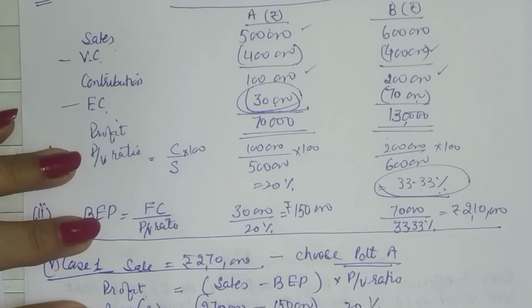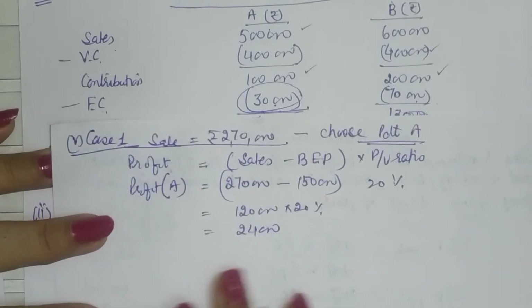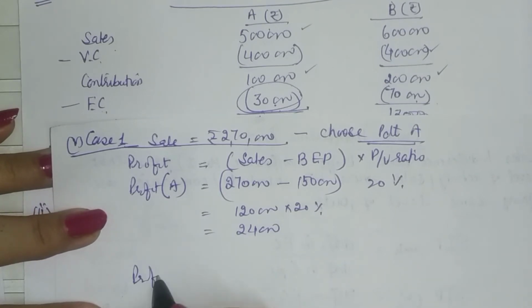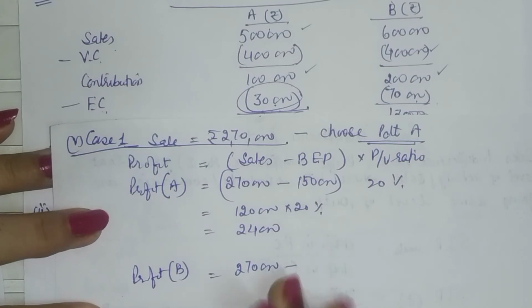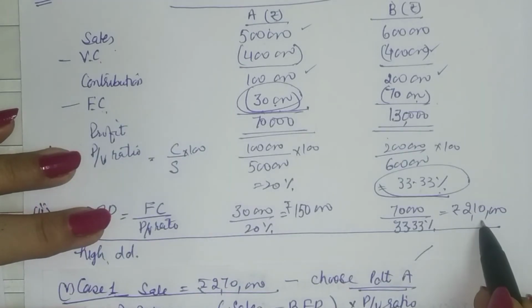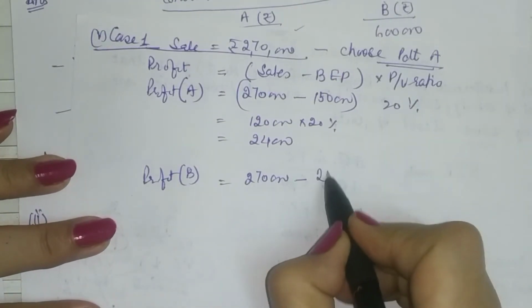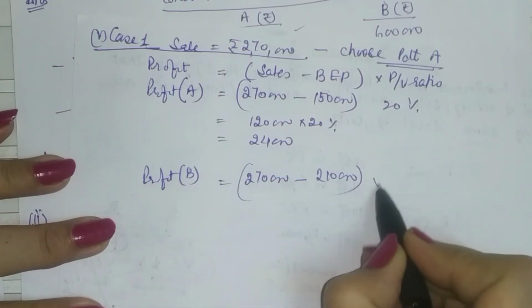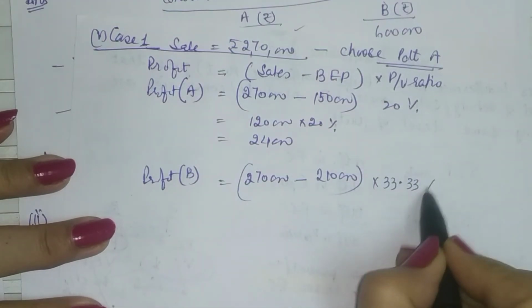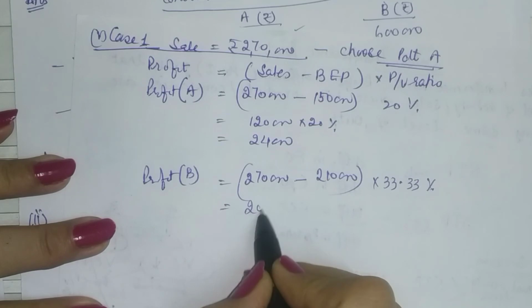That means 24,000. Whereas profit for product line B will be 2,70,000 minus their 2,10,000 break-even point, into 33 and 1/3%. So that is 20,000.